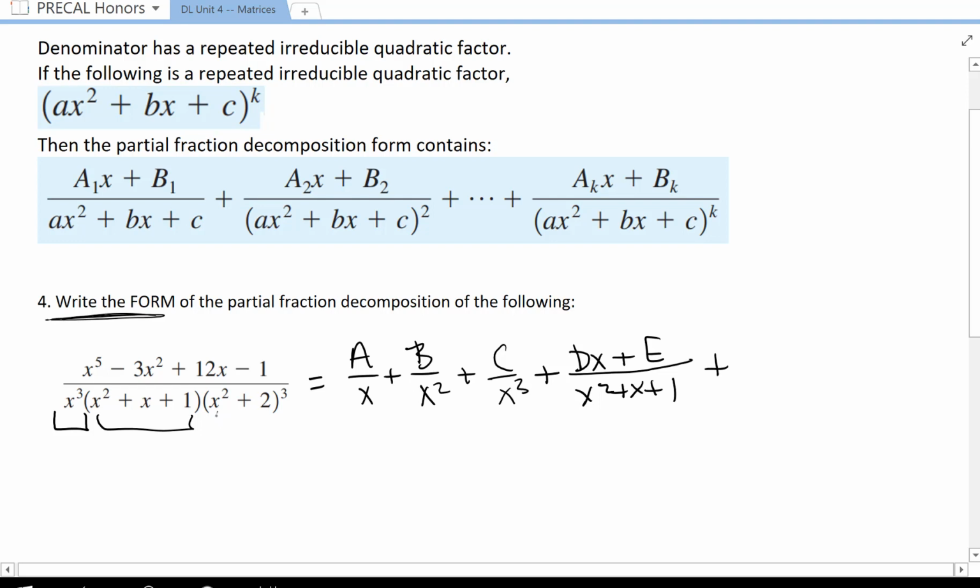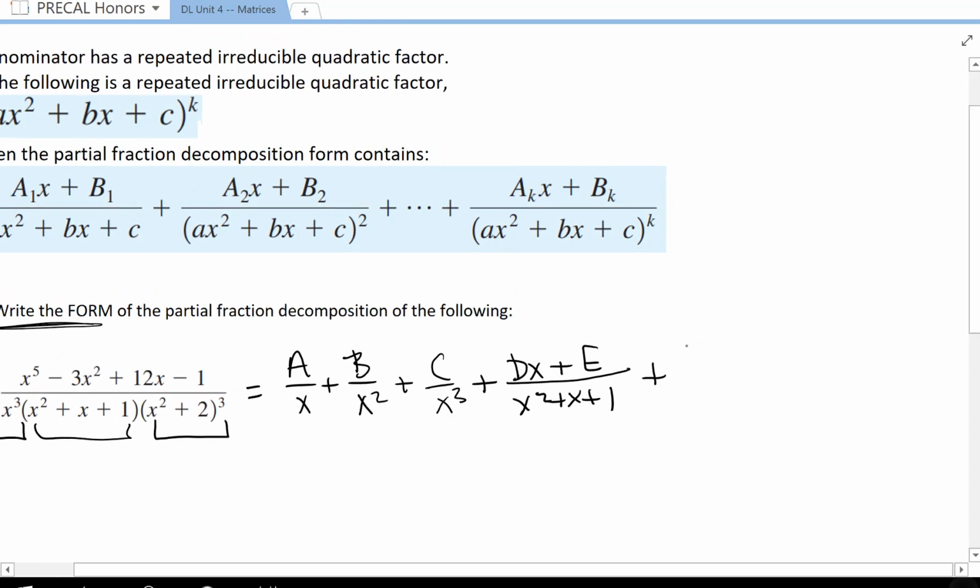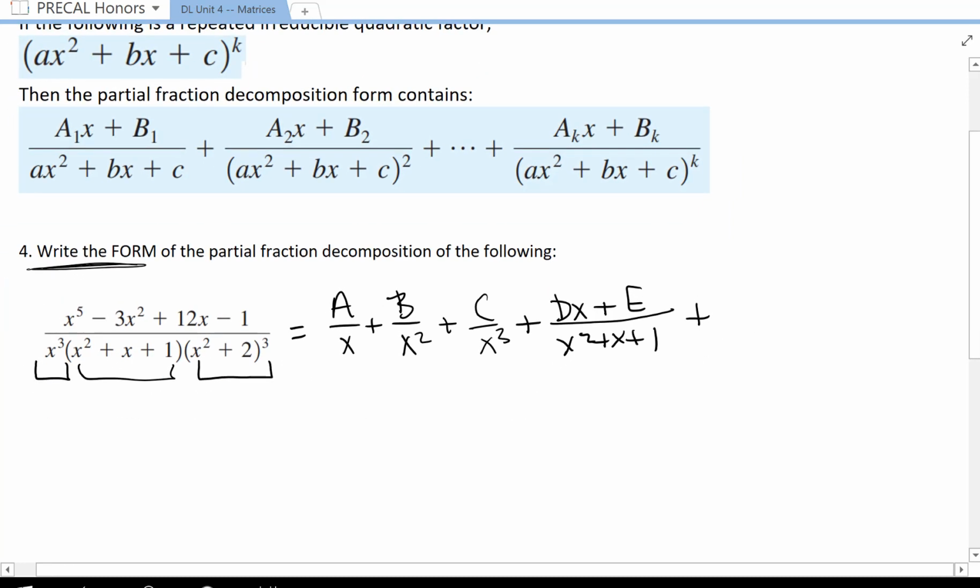Plus, all right, we have another quadratic factor. Oh wait, this has multiplicity 3. So, a lot's going on. EF. So, fx plus g over this quadratic factor to the power of 1, then you'll have hx plus i over this quadratic factor to the power of 2.